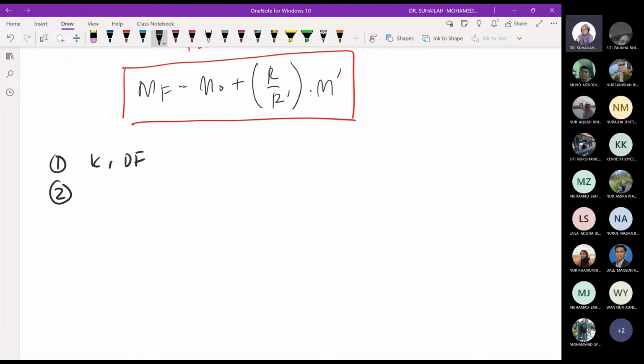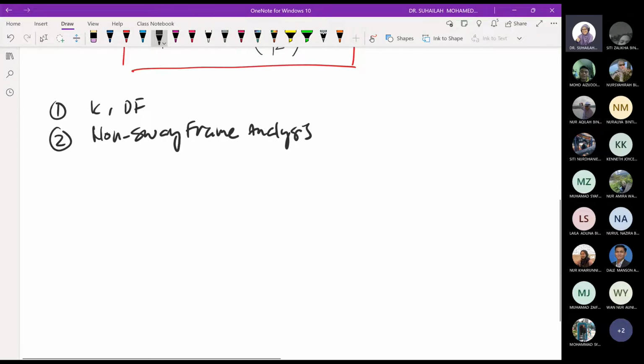Move to step number 2, which is called non-sway frame analysis. Remember that the criterion for non-sway frame analysis is that it must be properly restrained.